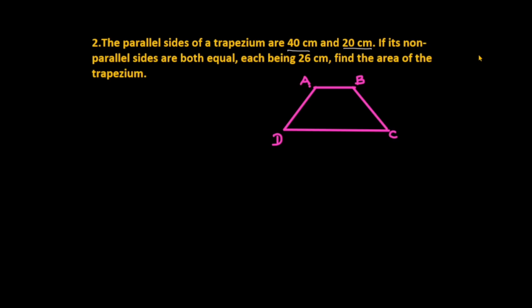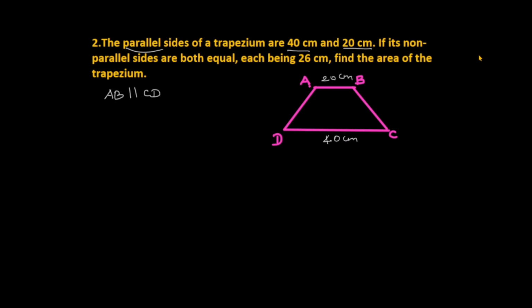Here AB is parallel to CD. Parallel sides are 40 centimeter and 20 centimeter, so take the longer side as 40 centimeter and the shorter side as 20 centimeter.